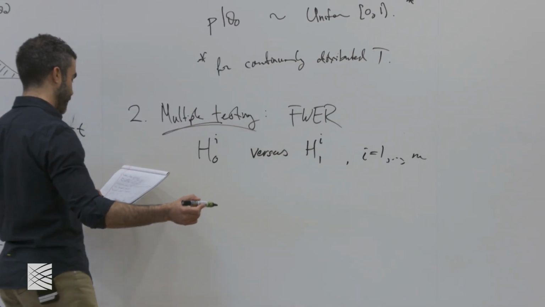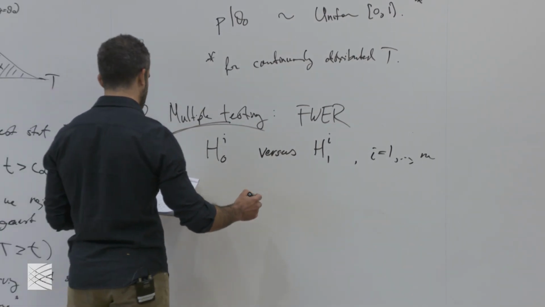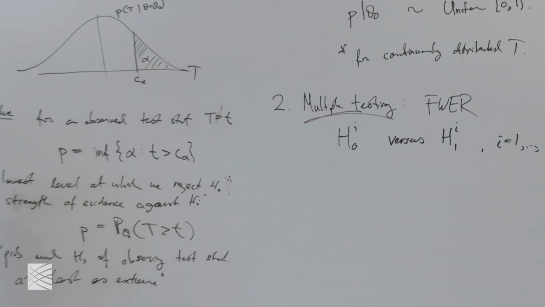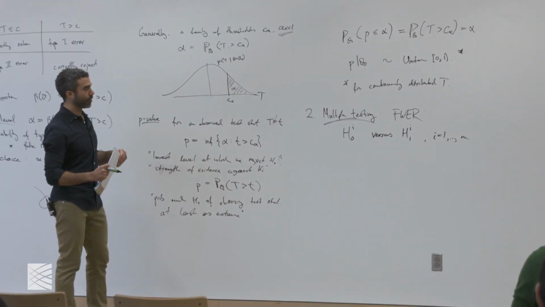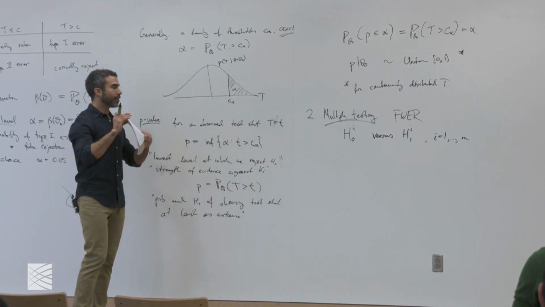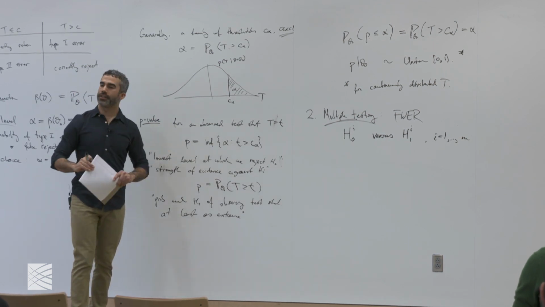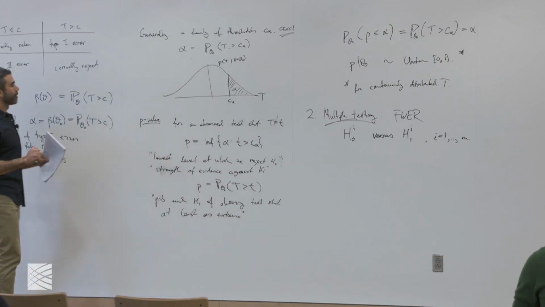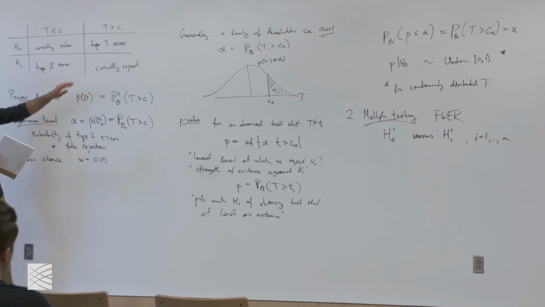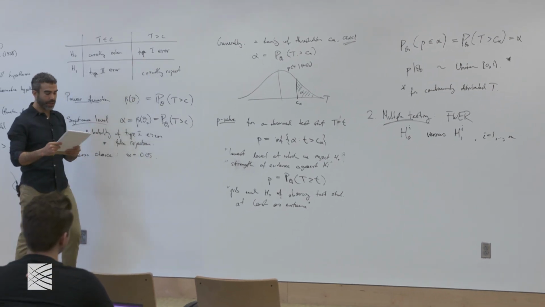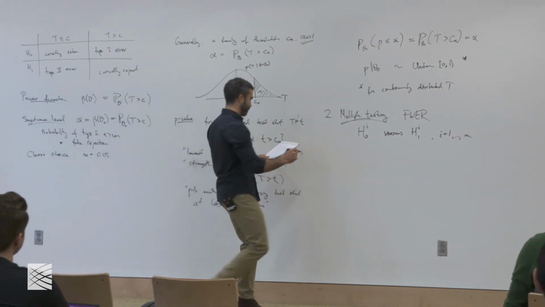The simplest and most stringent thing that we could try to control is the probability of making even one false rejection. That even one of our tests had a type 1 error. And that's called the family-wise error rate.